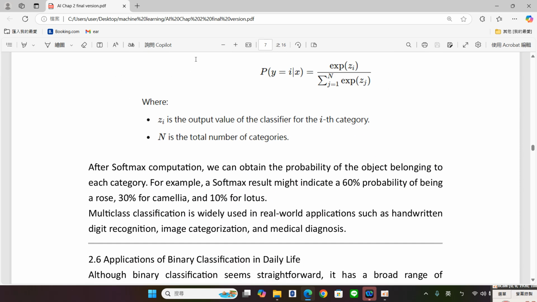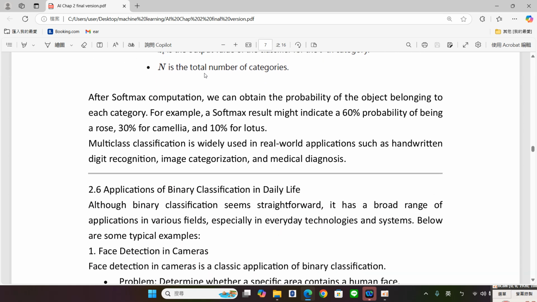P(y = i | x) equals exponential of zi divided by the summation, i from 1 to n, of exponential of zi, where zi is the output value of the classifier for the ith category, and n is the total number of categories. After Softmax computation, we can obtain the probability of the object belonging to each category.